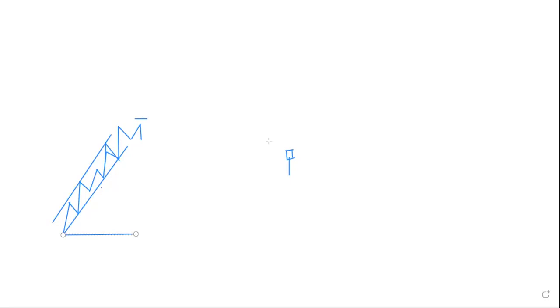So the same thing goes for the other side. In case you miss this, let me draw this up. In case you're unable to enter at this point here, the market is going to give you a re-entry time.